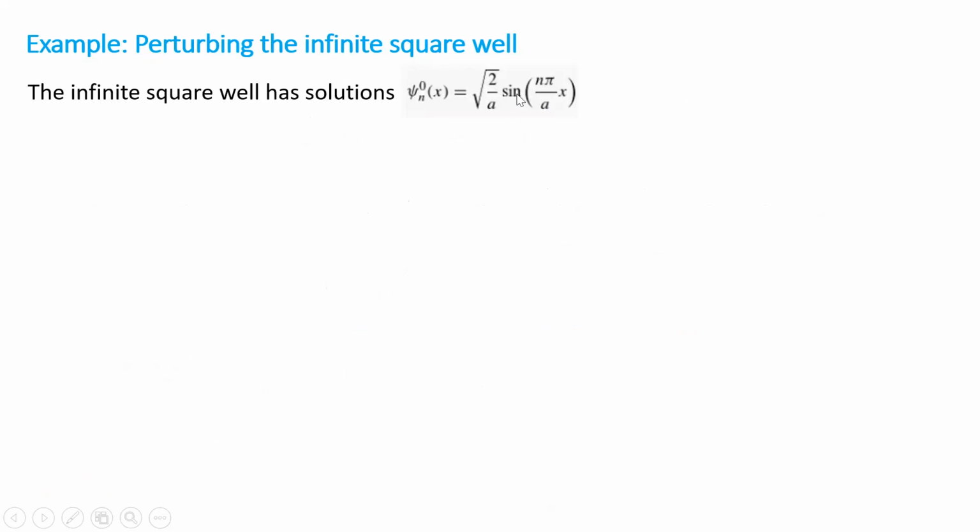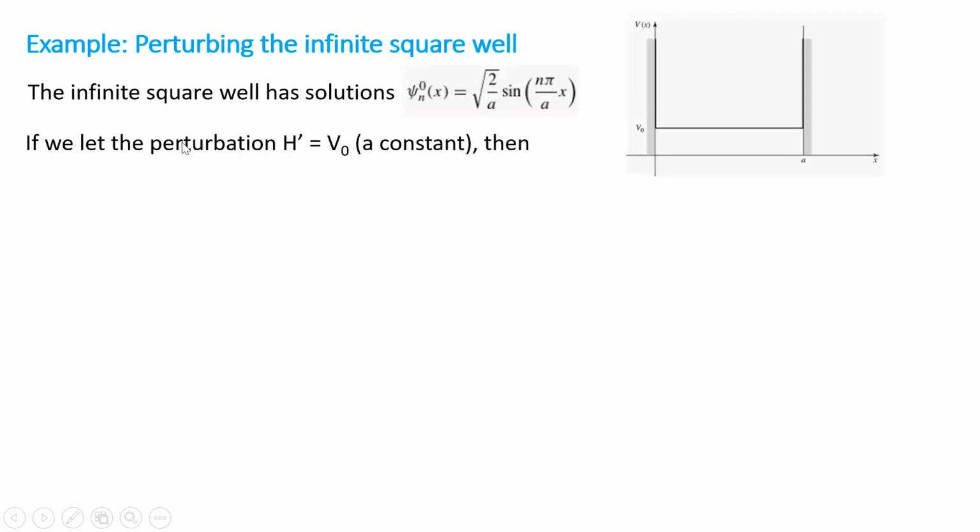Okay, so those are harmonic solutions inside the well that go to 0 at both sides of the well of width a, and normalized by square root of 2 over a. So suppose we perturb that, and we perturb it just by letting our perturbation H prime equal V0. So it doesn't depend on x. It's just a constant.